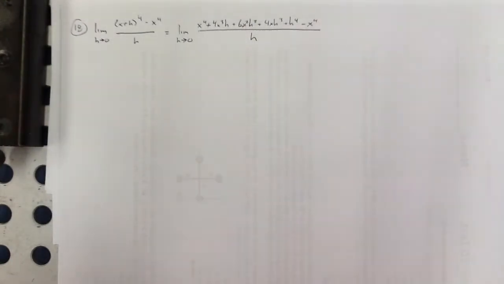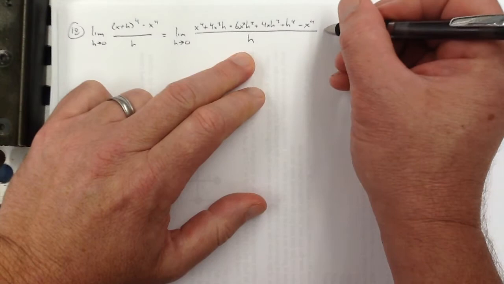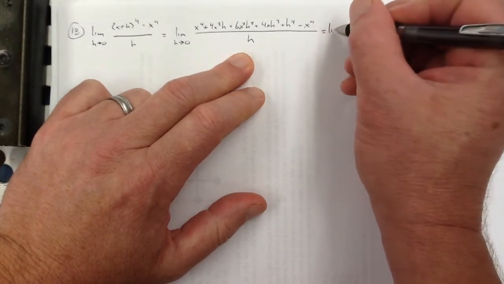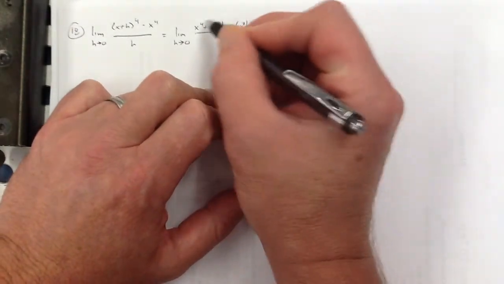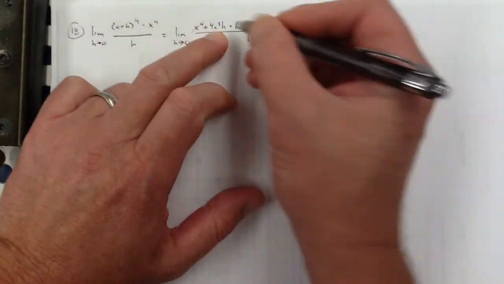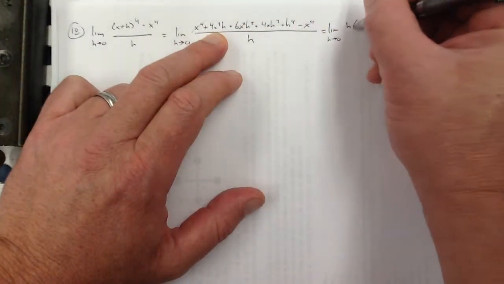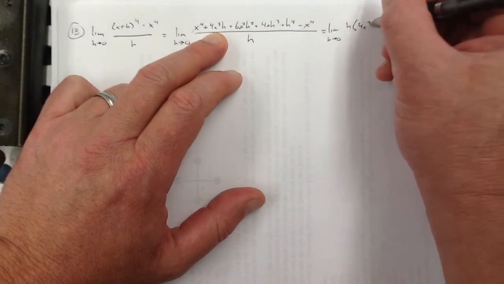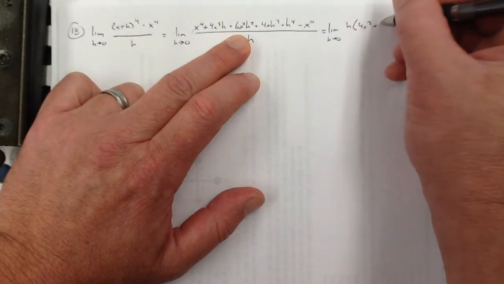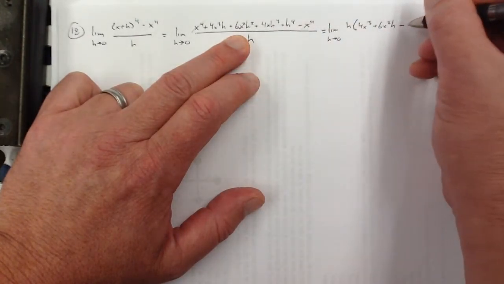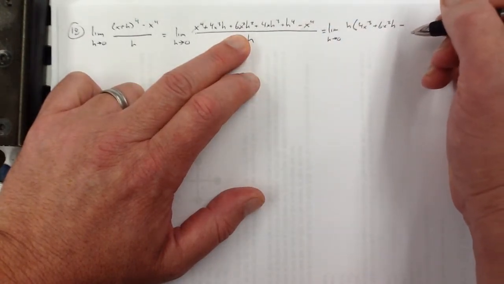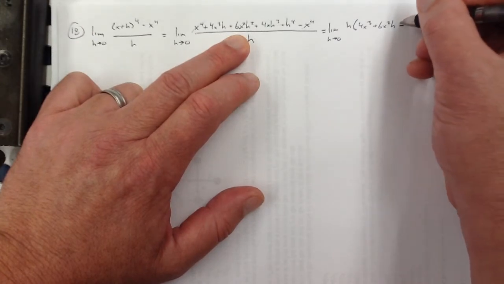All right, and it didn't really matter if I messed up anywhere back here, because all those things are going to get knocked out by h's turning into 0. So let's see, the only thing that cancels is the leading x to the 4th. Then I got, factor an h out, 4x cubed, factored an h out, so each term is going to have one fewer h.